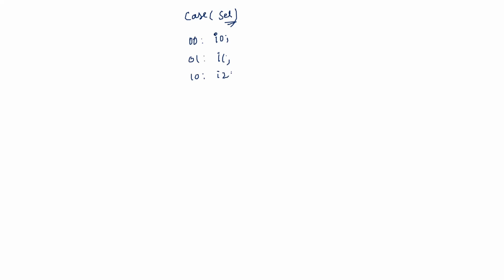If I take 10, then I2 is the output, and 11, I3 is my output. So your output y equals I0, I1, I2 or I3, depending upon the select signals. This select signal has select 0 and select 1. That is the 4 by 1 multiplexer you are designing.